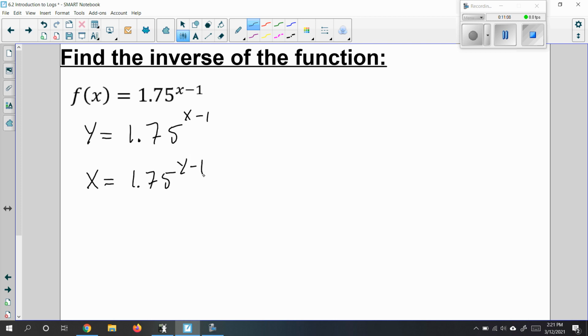Now let's change this into logarithmic form. The base of the exponent is the base of the log. So this is log base 1.75 of x is equal to y minus 1. Now to find the inverse, we have to solve this for y. So we'll just add 1 to both sides.